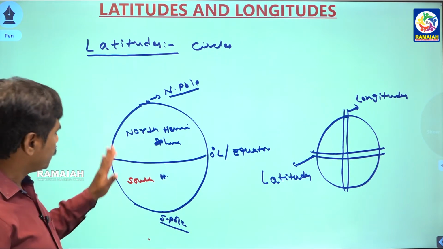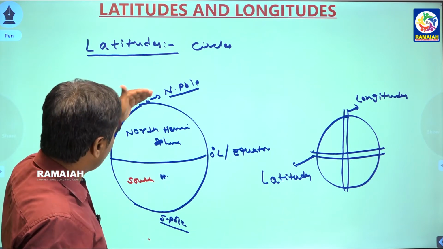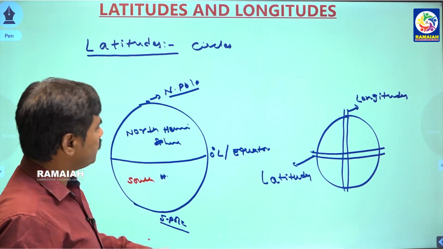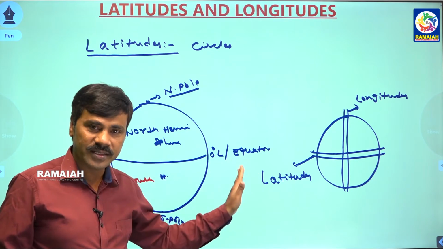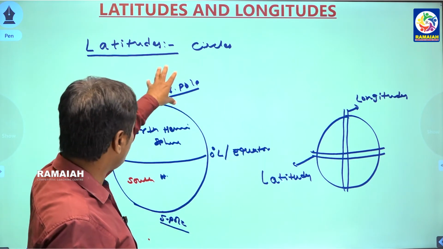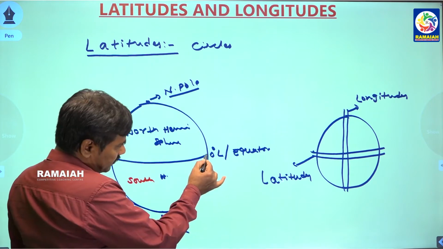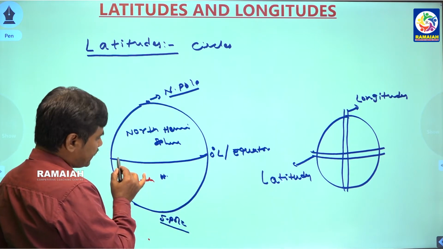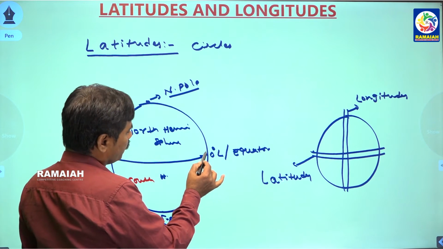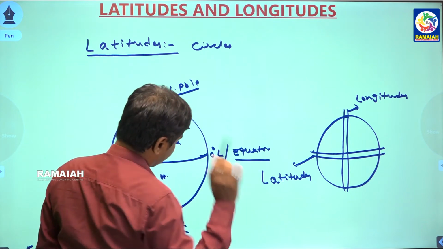So there are two equal halves, the north hemisphere and the south hemisphere, divided by the 0 degree latitude. The equator lies exactly in the middle between the North Pole and the South Pole.